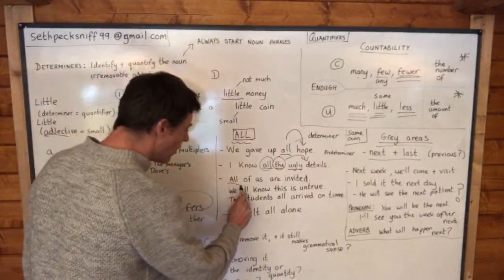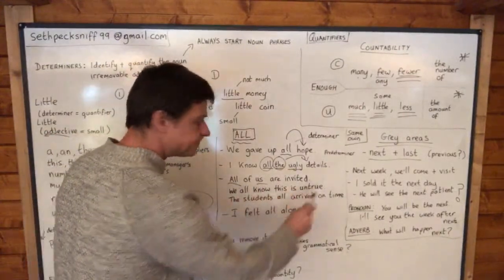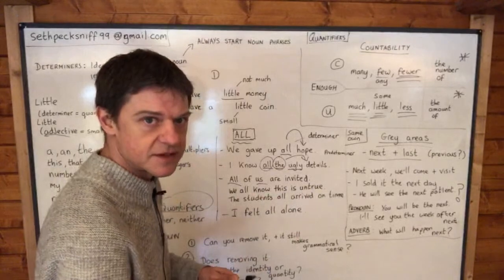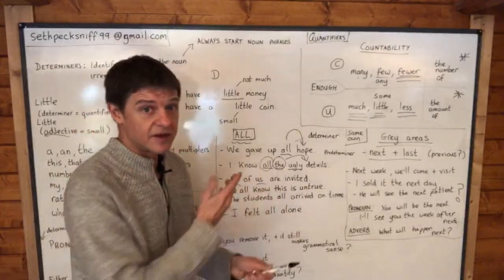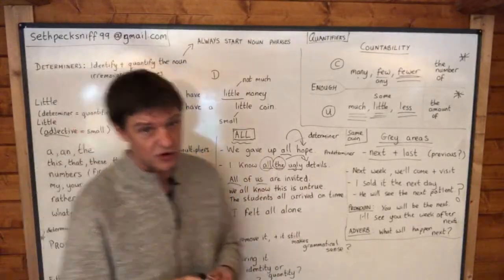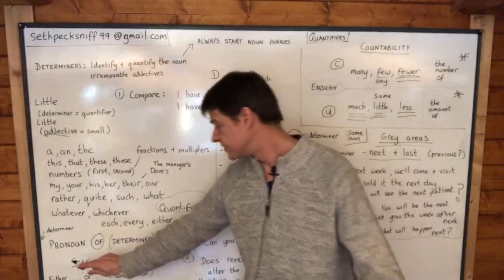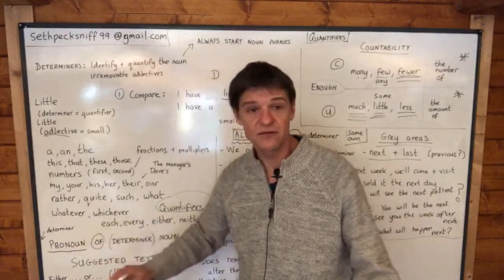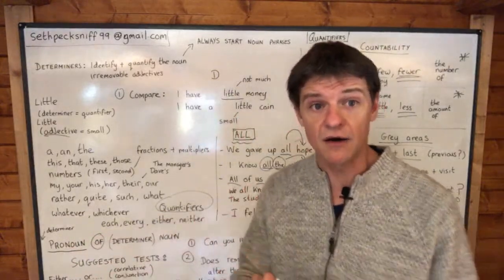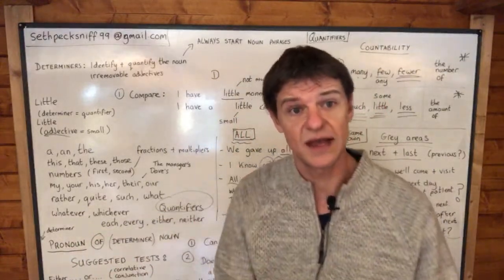So all of us are invited. Now this is different. You may see it called a determiner in this position, but technically it's not. Technically, whenever you see the word of, you're going to have a noun before the word of and a noun after the word of. It's always the case, yeah?